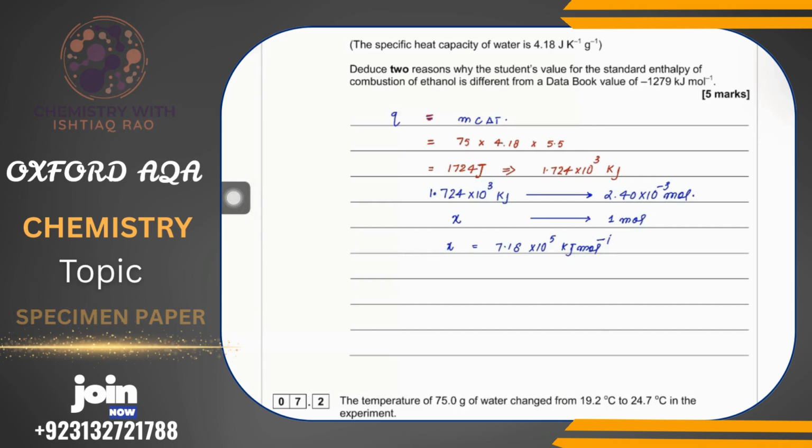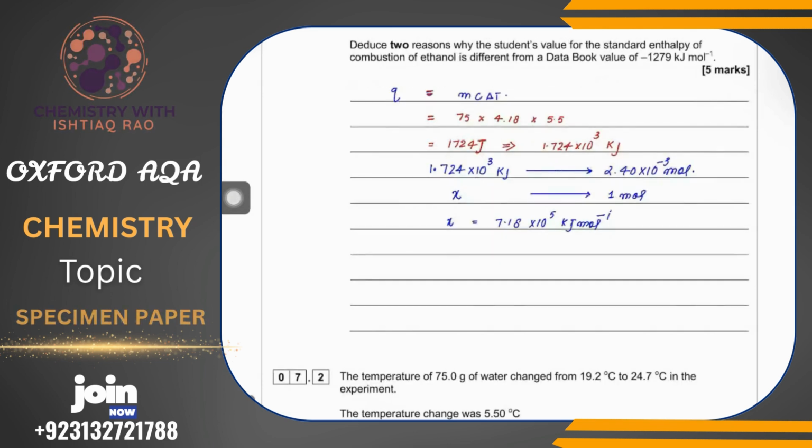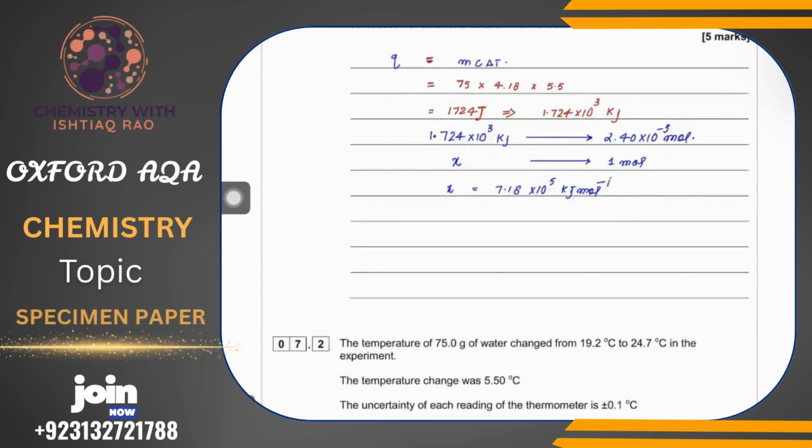And the beaker is made of glass, so glass is going to absorb heat. So the rest of the heat I would be calculating in terms of q equals mc delta t, so of course I'm getting less than the original value. So I have to write down the possibilities. First of all, I am supposed to write there is heat loss.